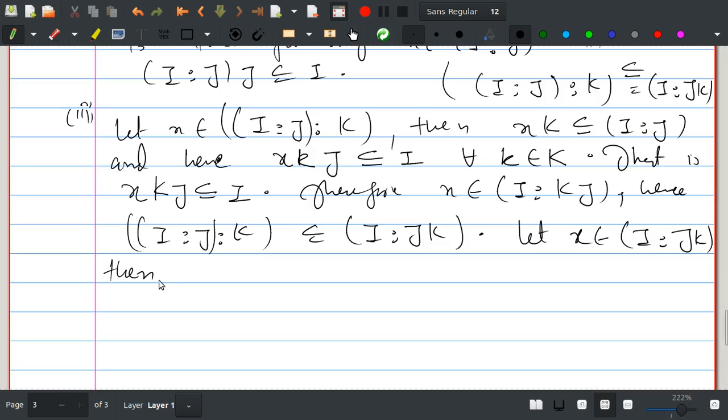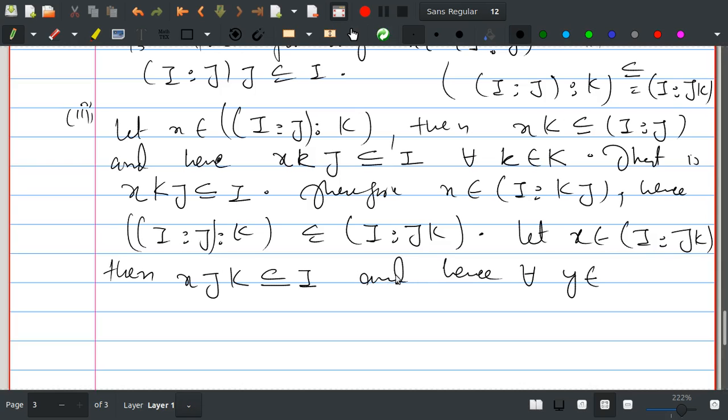Then this means x times jk is contained in I, and hence for all y in k, x times jy is in I. Since jk is kj because the ring is commutative, we can write xjy, and in place of this we write xyj, because we are dealing with commutative rings.